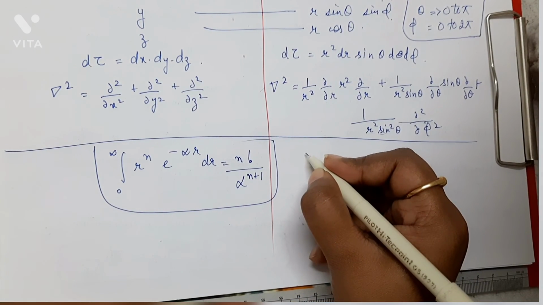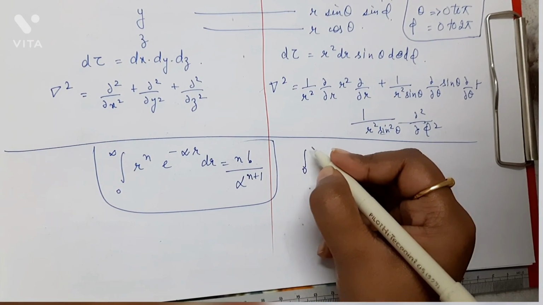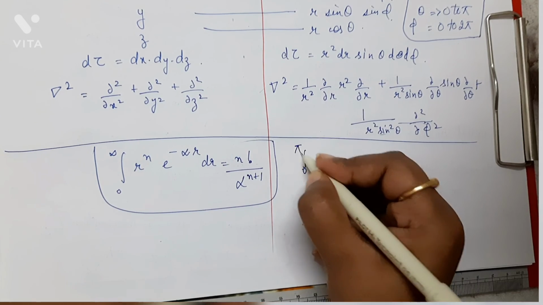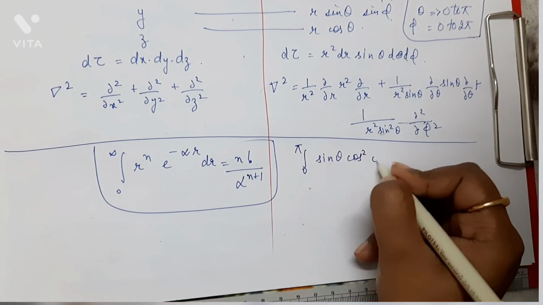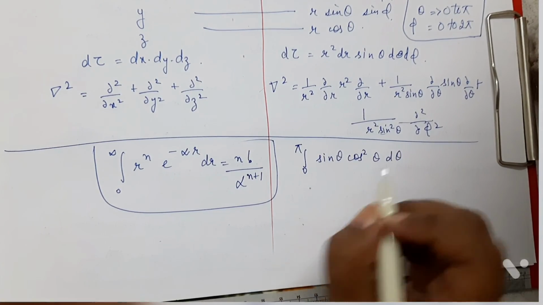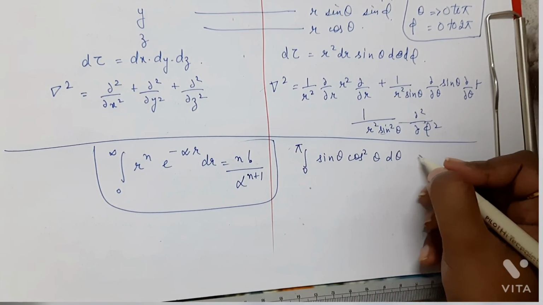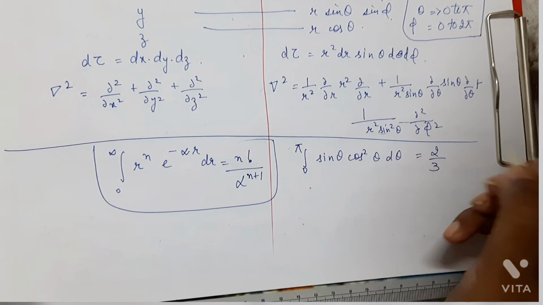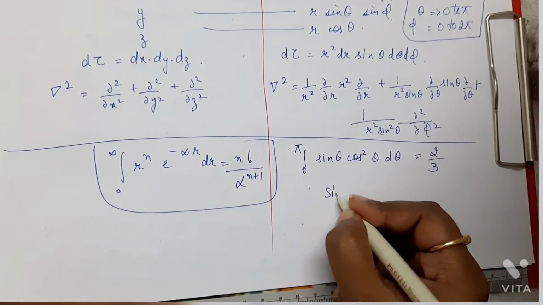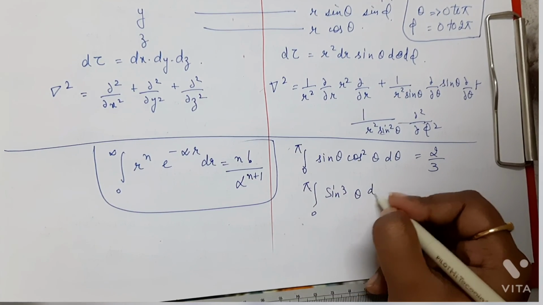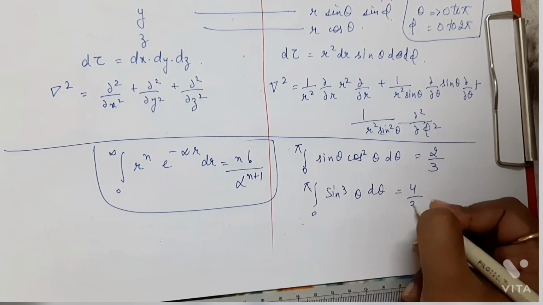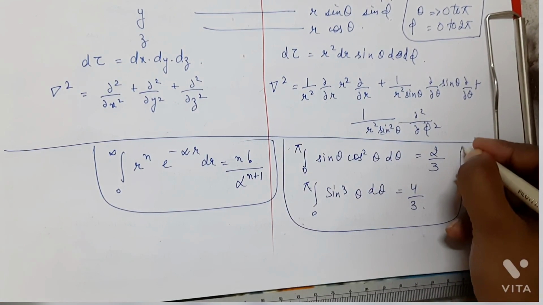One is the integral from 0 to pi of sine theta cos square theta d theta. Whenever you see this integration, you will simply write it as 2 by 3, and for sine cube theta, integration 0 to pi d theta, you will simply write it as 4 by 3. These two things you have to remember.